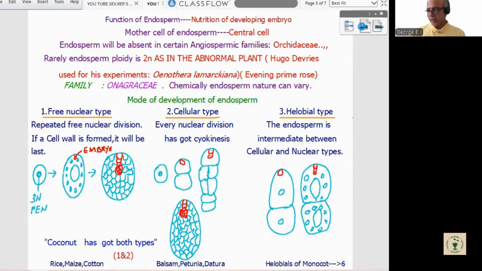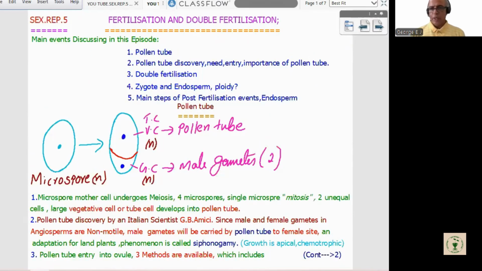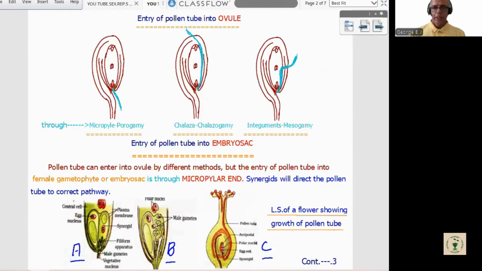So what all did we discuss today? We are proceeding with the 5th episode of sexual reproduction in flowering plants: fertilization, double fertilization, then different aspects, pollen tube discovery, double fertilization, zygote, endosperm, ploidy, main steps of post-fertilization events, endosperm, etc. Then how the pollen tube develops, entry of the pollen tube into the ovule by 3 methods, then entry of the pollen tube into the embryo sac, only through the micropyle.